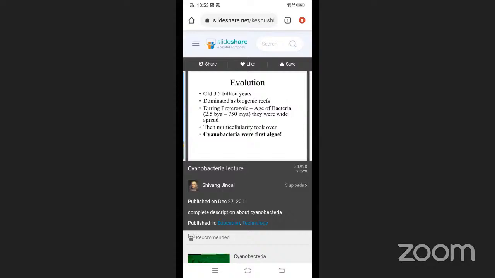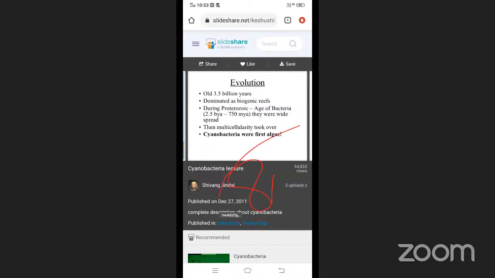Once again: structure of the virus, then reproduction or replication of the virus, and transmission of the virus. Only three.